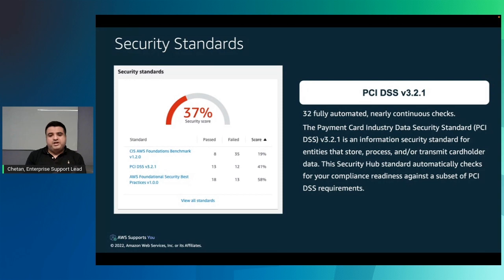It has a set of AWS security best practices controls, and each control applies to a specific AWS resource and relates to the PCI DSS version 3.2.1 requirements. Frequently reviewing the failed security checks, prioritizing their remediation, and aiming for a Security Hub score of 100% can help you secure your AWS environment.